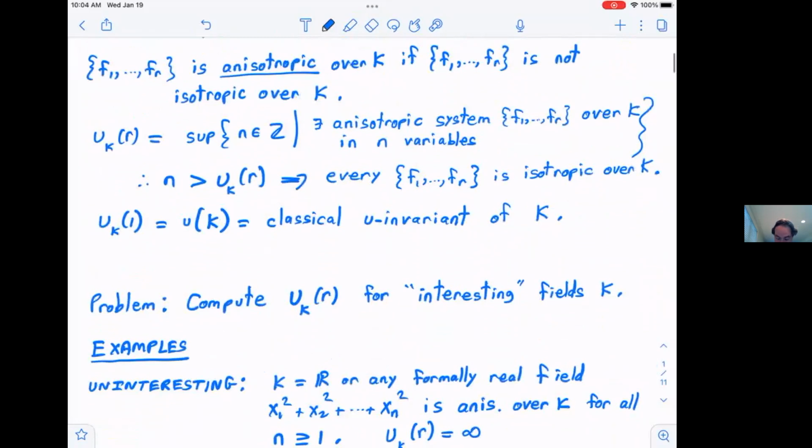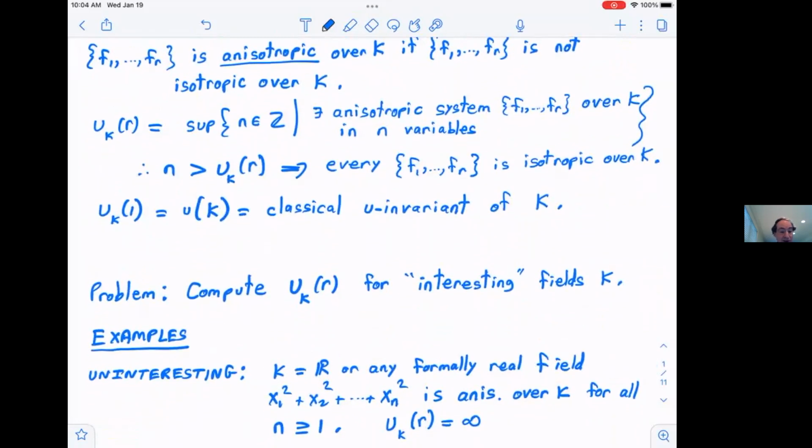So first, let's take care of an uninteresting field. For this topic, an uninteresting field would be the real numbers, because x1 squared plus x2 squared plus ... xn squared would be anisotropic over the real numbers, or any formally real field, for every n greater than or equal to 1. It's positive definite. It would only have the trivial zero.